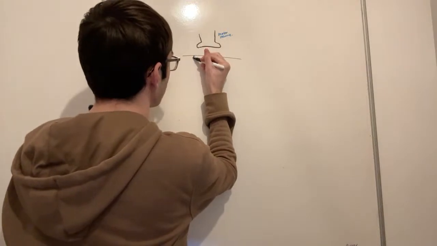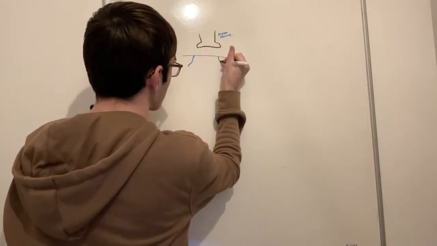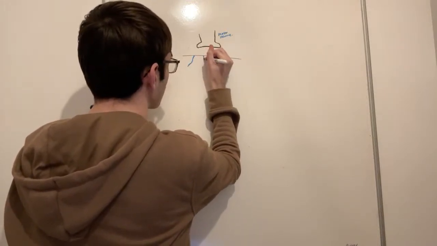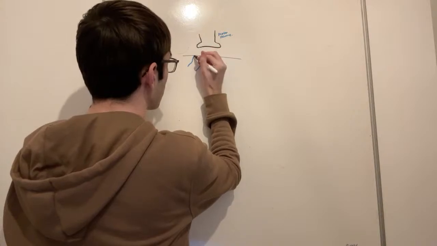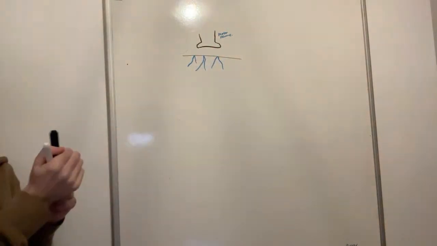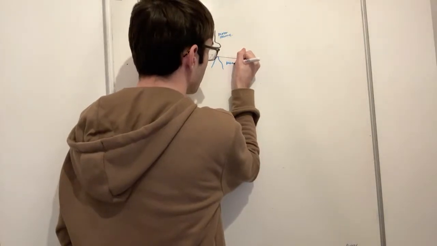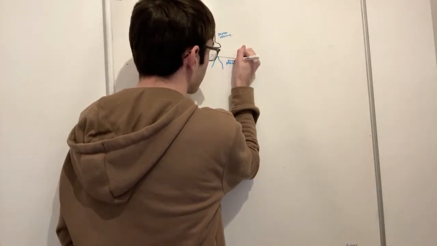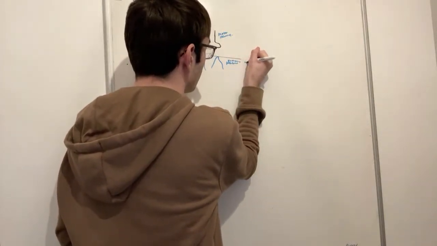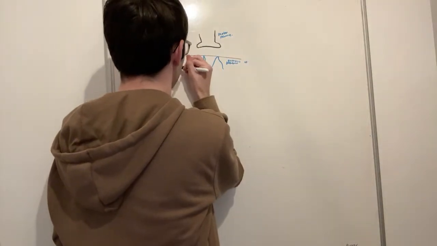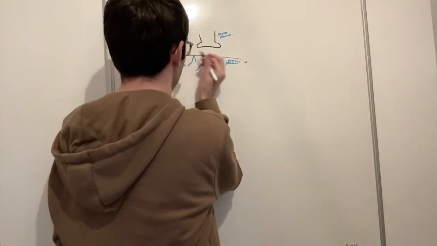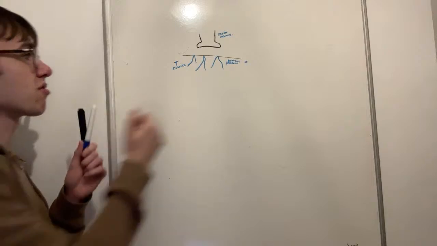We have our T-tubules, which are basically, I think the way to describe these would be like indentations in the membrane. Extensions of the membrane. So T-tubules are extensions of the membrane.